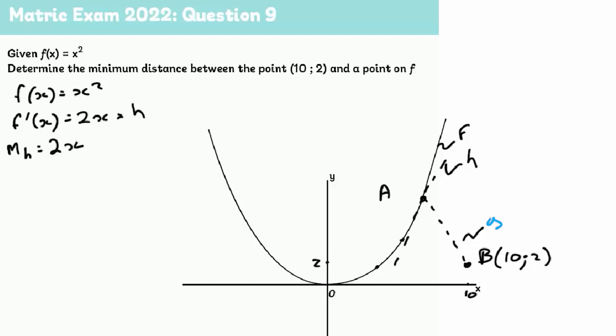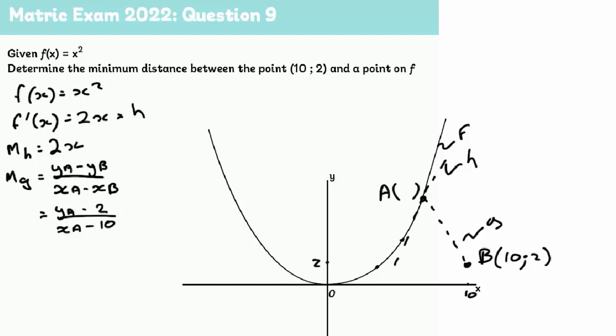Next, we want to determine the gradient of g. The gradient of g is the y of A minus the y of B over x of A minus x of B. If we populate the variables, we don't know what y of A is. We know what y of B is, that is 2. We don't know what x of A is, but we know what x of B is, that's 10.